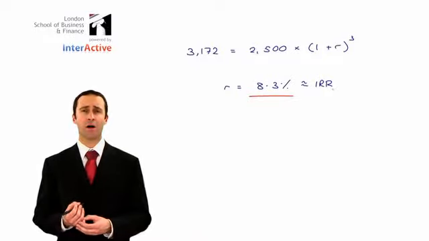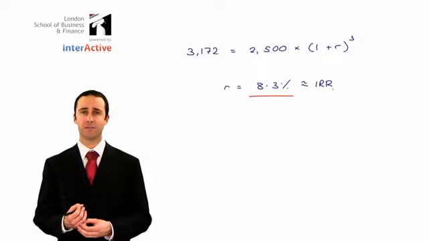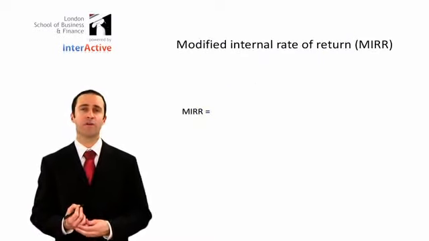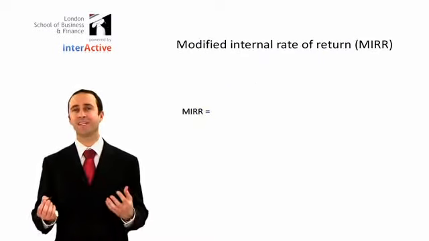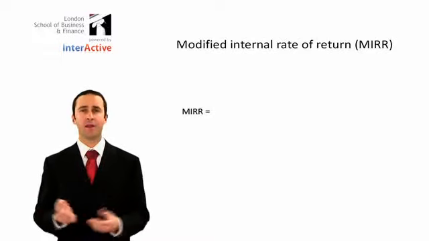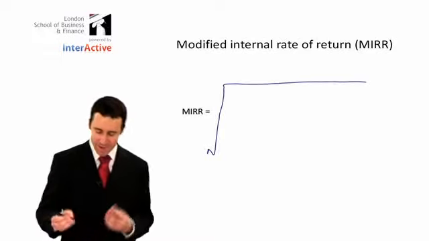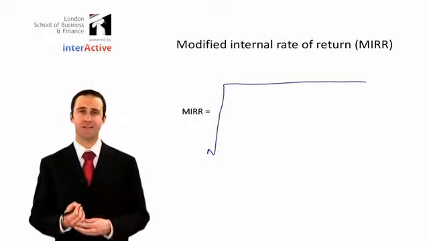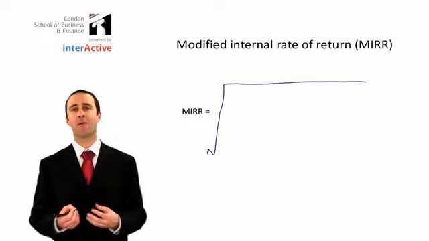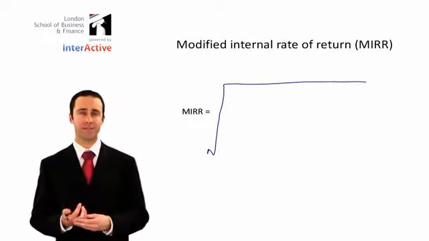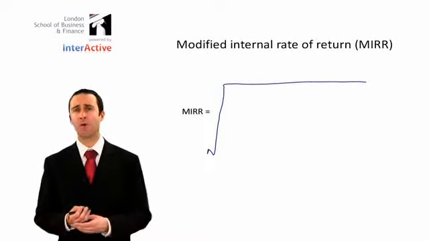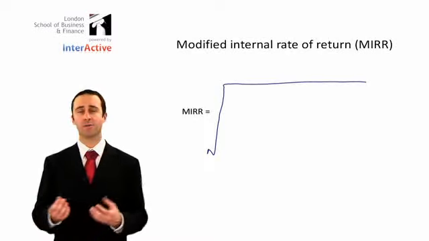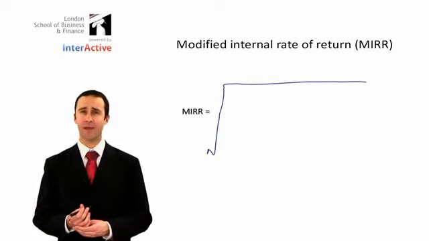That's where MIRR comes in to help us calculate a modified internal rate of return. To calculate your modified internal rate of return, we're going to have to use a formula. Now, the formula that I'm going to give you isn't the one that's on the ACCA formula sheet. I think that one makes it a little bit more complex than is necessary, but we'll work that once we've looked at this scenario here.